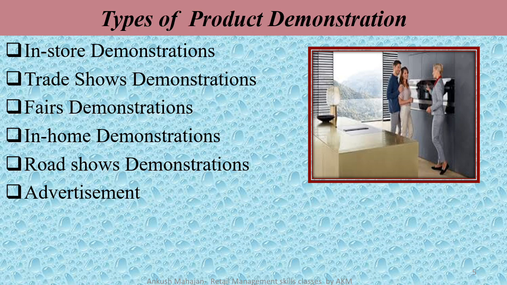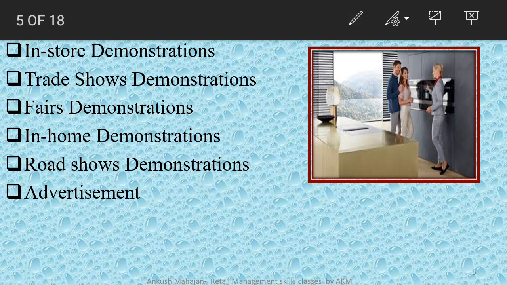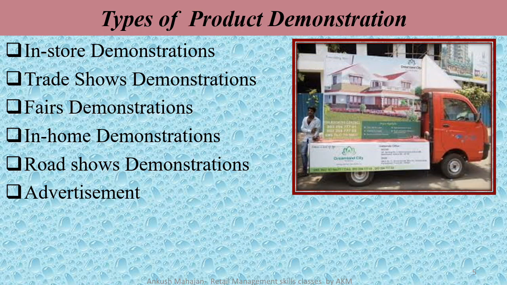Now, roadshow demonstration. Roadshow demonstration occurs in the case of heavy vehicles. As the name suggests, road shows, the shows in roads, and the product is demonstrated on these roads.